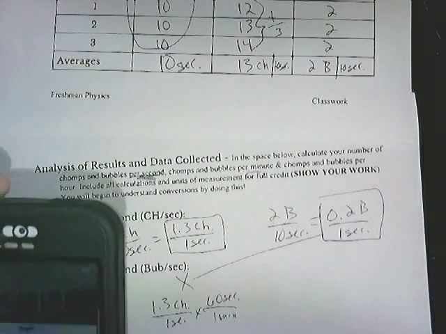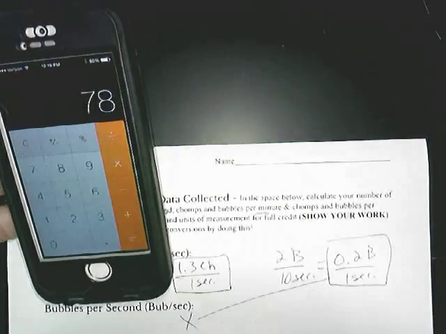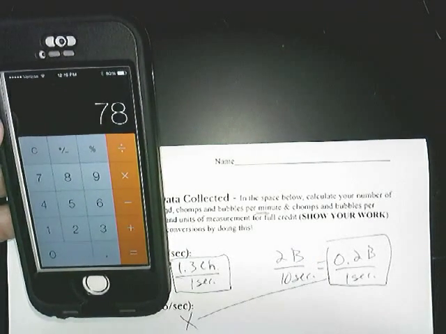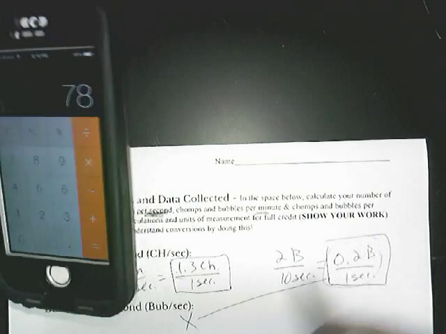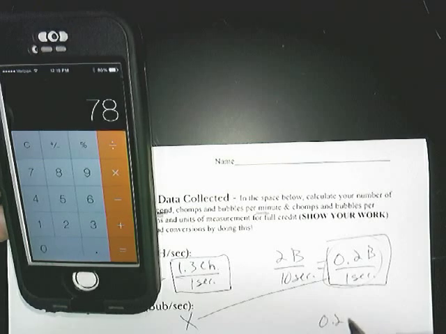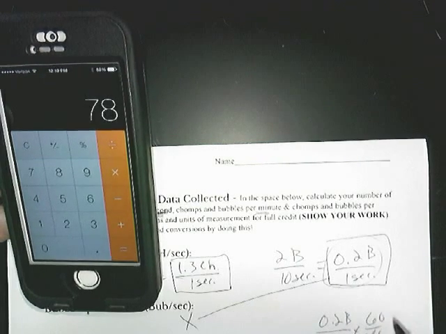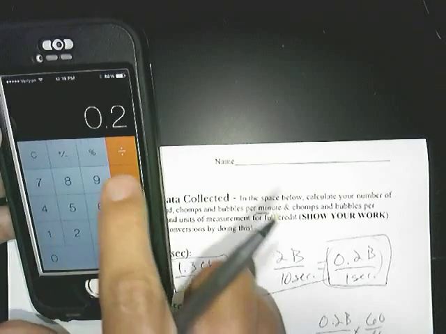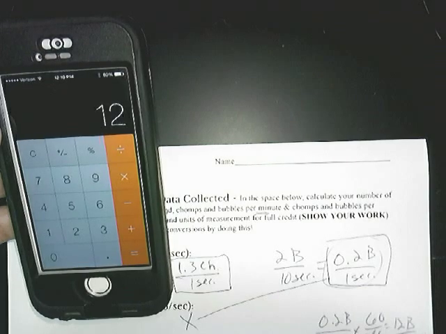So I can use my calculator here: 1.3 times 60, at that rate, I would have 78 chomps per minute. And therefore, at this rate of bubbles, 0.2 bubbles per second times 60 seconds, I would be able to blow 12 bubbles in 1 minute.